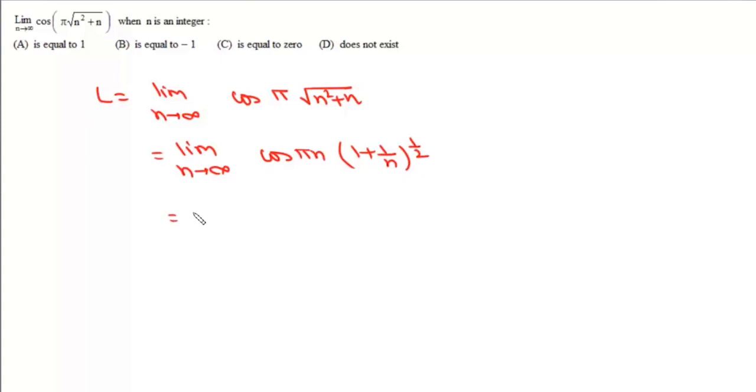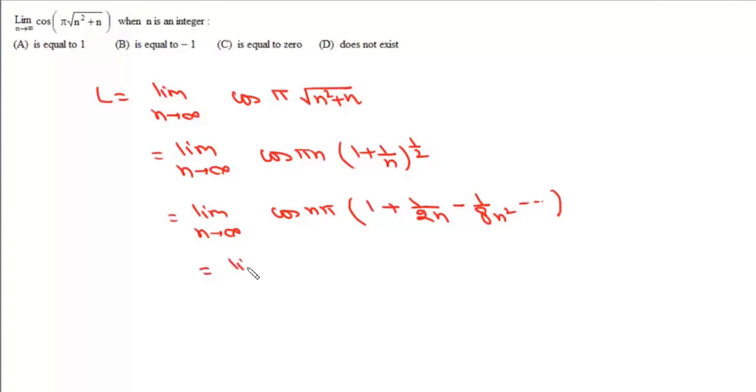Now we'll use binomial expansion. We can write limit n tends to infinite cos n pi, and here will be this (1 plus 1 by 2n, and then it will be 1 by 2 and 1 by 2 minus 1, so it will be minus 1 by 8 n square plus higher powers of n).